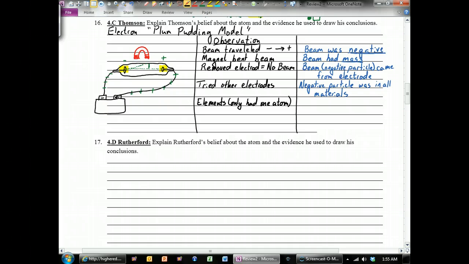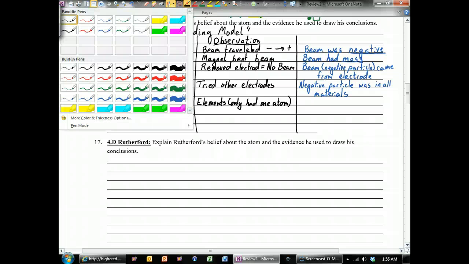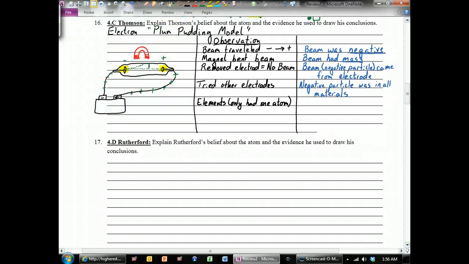So if there's a negative particle coming from an element, it must be coming from inside of the element, or the atom. The negative particle was somewhere inside that atom. And that's kind of key to how Thomson developed his idea of the atom.